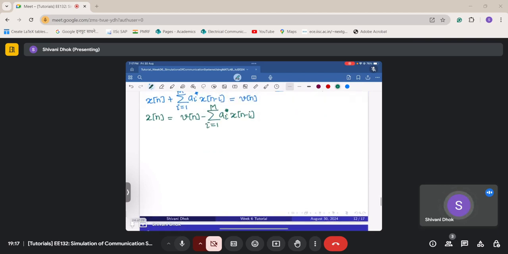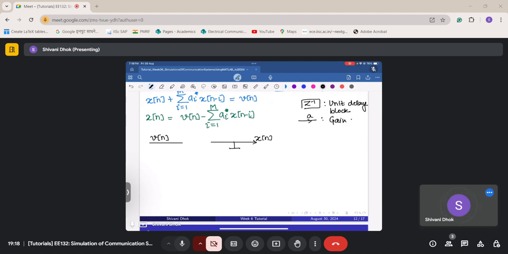Okay, so your v of n is your input. So this is your v of n. So v of n is your input and your output is x of n. Okay, so this z inverse is the unit delay block, and let's say, okay, let's not complicate. Let's say if I have something like this, then this will give me a gain of a.